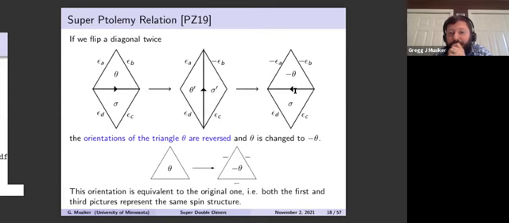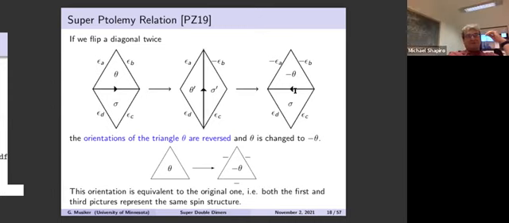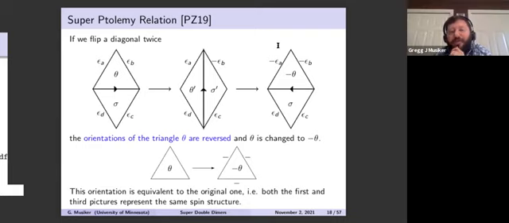Then maybe I misunderstood you, but my understanding was that the orientation of all edges are part of the picture, right? So that's correct. So if you consider the bottom triangle, the one on the right is not the same as the triangle on the left, right? Right. So yes, that's right.